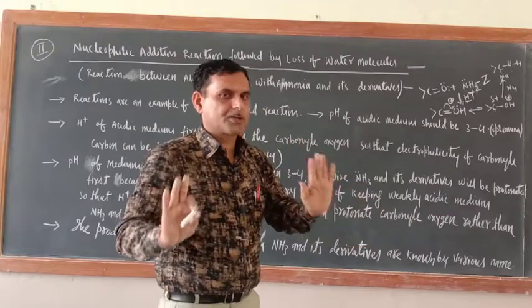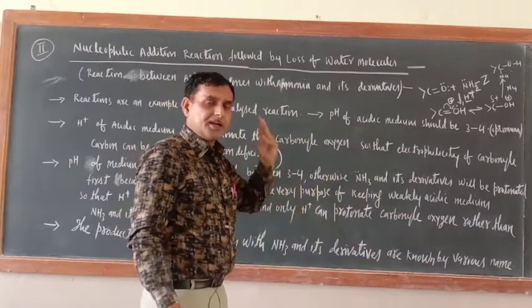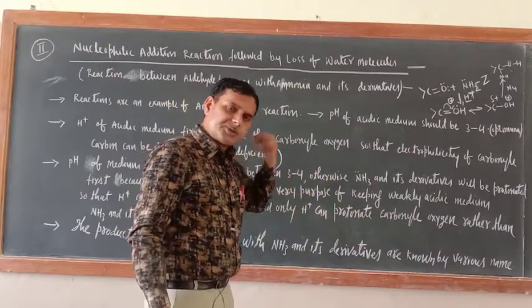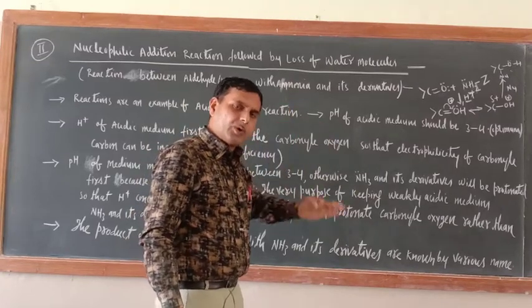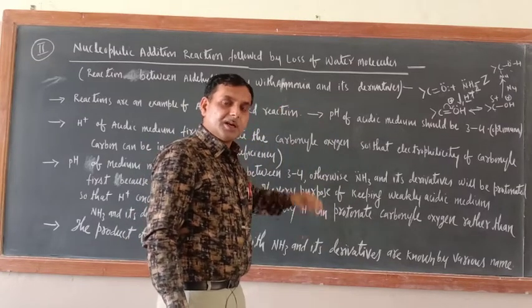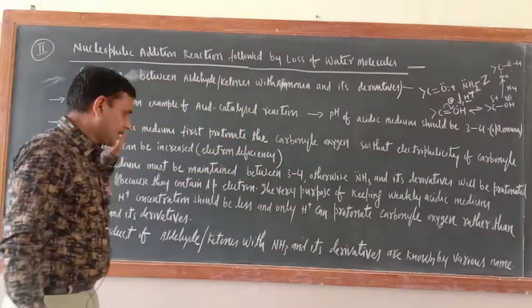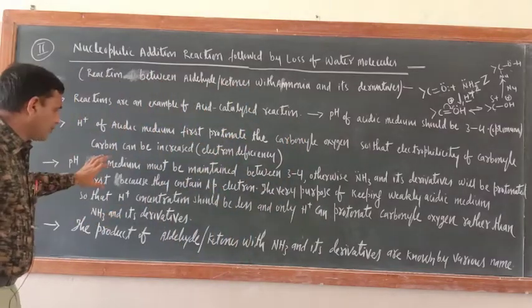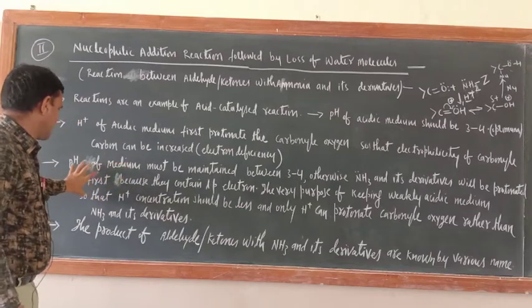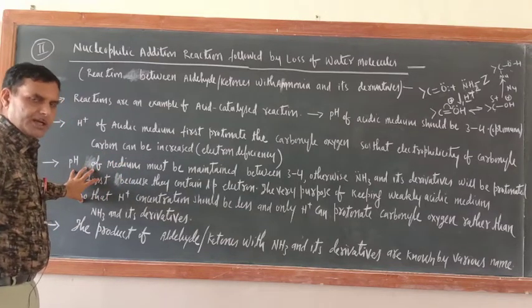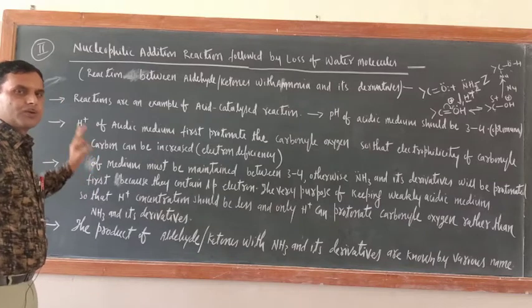I hope that you understood this one. Here, what is the problem? Our purpose is to protonate only carbonyl oxygen. Now, ammonia and its derivatives should not be protonated. That is the meaning. I hope that you understood the point. This is the most important point. That is why pH must be 3 to 4.